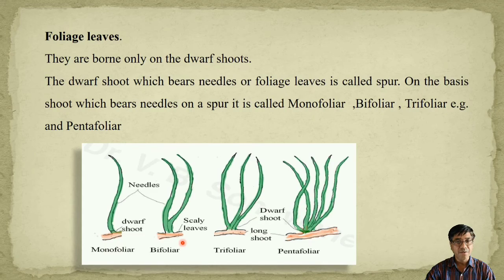The dwarf shoot which bears needle-like foliage leaves is called a foliar spur. The number of needles per dwarf shoot varies among the species. It may be monofoliar, means with one needle, for example Pinus monophylla. Bifoliar means with two needles, for example Pinus merkusii.